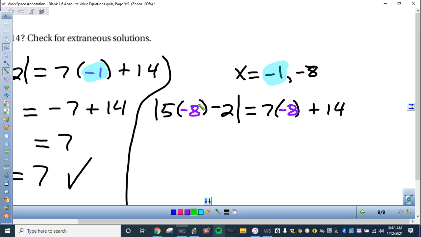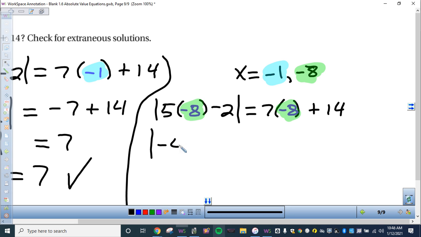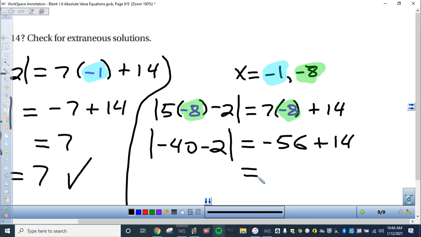Again, use the highlight. It helps you figure stuff out when you look at it later. So on the left side here, we have absolute value of -40 minus 2. On the right side, we have -56 plus 14. -56 plus 14 is a negative number, so I already know this one does not work.